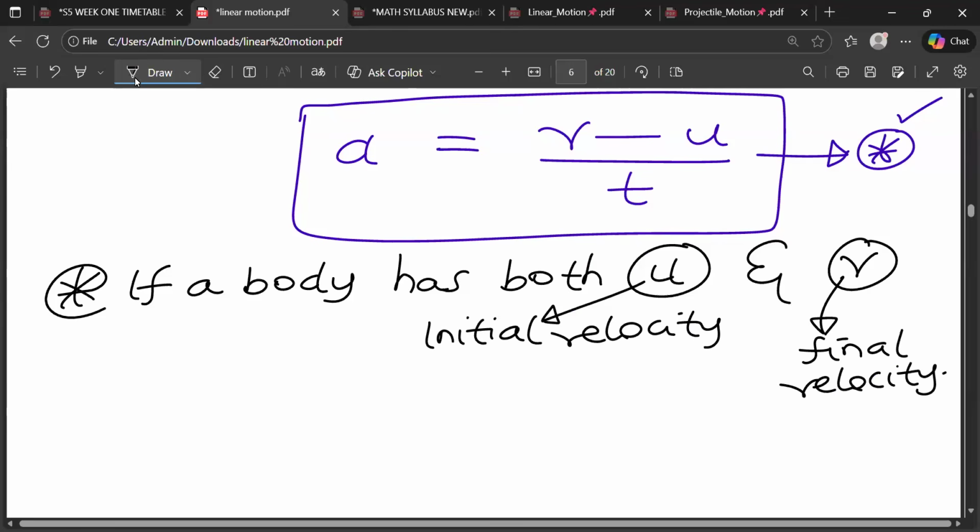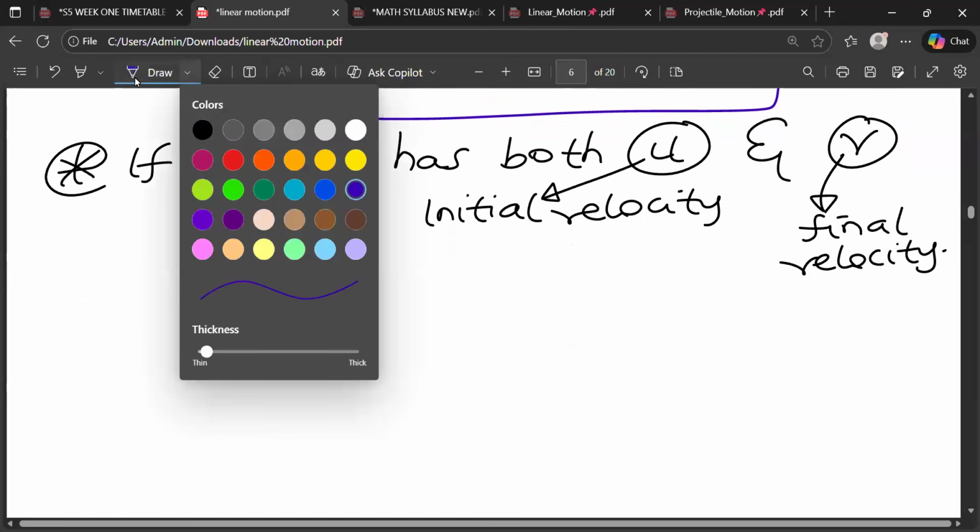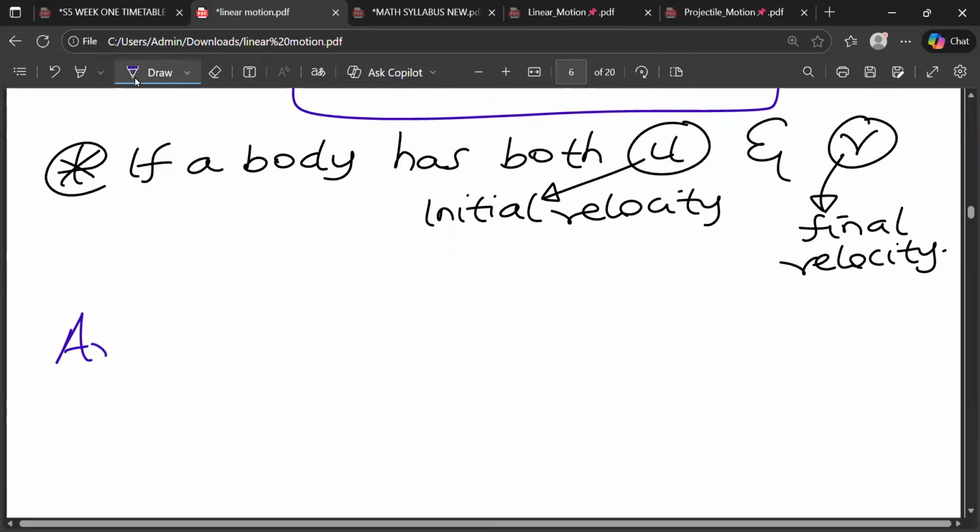You tell me, how can I get average velocity? Yes, how do I get average velocity? You tell me, I want us to share.